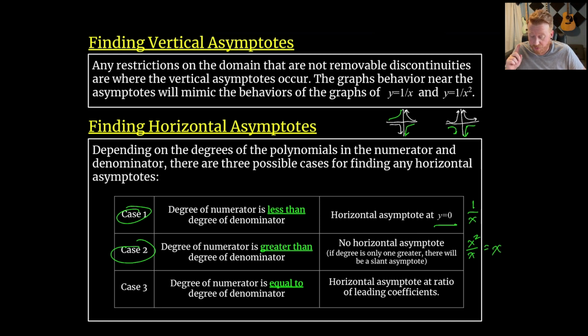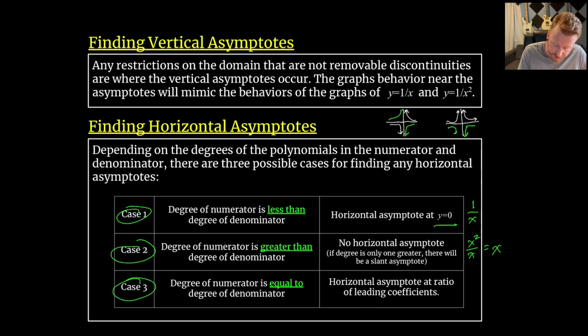If the degree is only greater by 1, like I've illustrated here, there will be a slant asymptote, and it will be this line that we find. We'll talk about finding slant asymptotes in just a few minutes here. But in general, there is no horizontal asymptote. If the degree is larger on the top than on the bottom, and it's bigger by just 1, then there is a slant asymptote.